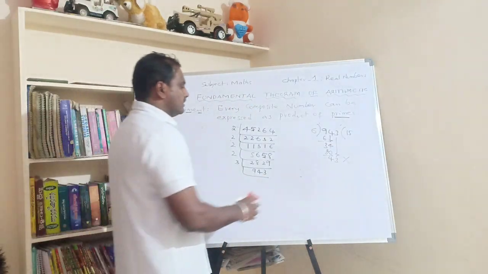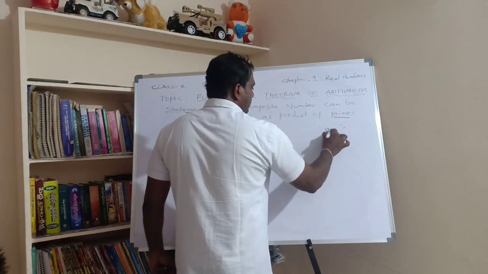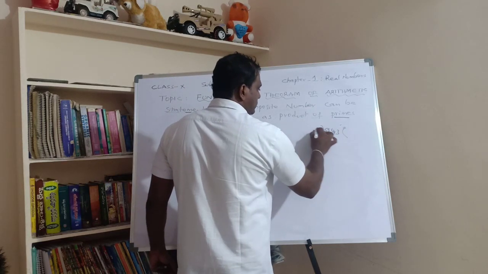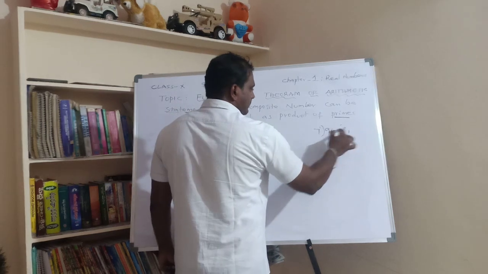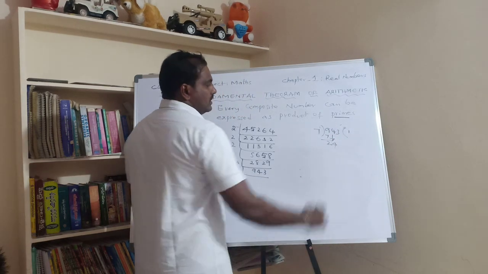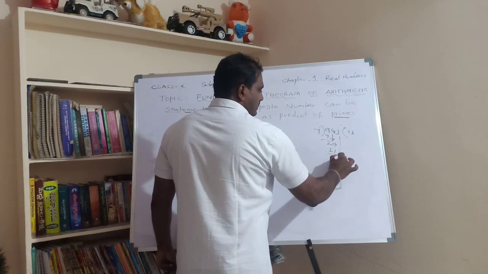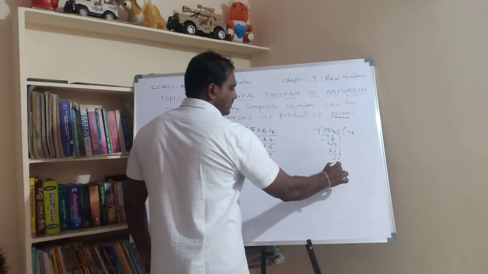Next, if 6 is not there, we have to check with the 7 table. 943 divided by 7. 7 ones are 7, remainder is 2, 24. 7 3s are 21, remainder is 3, 33. So this is also not possible.